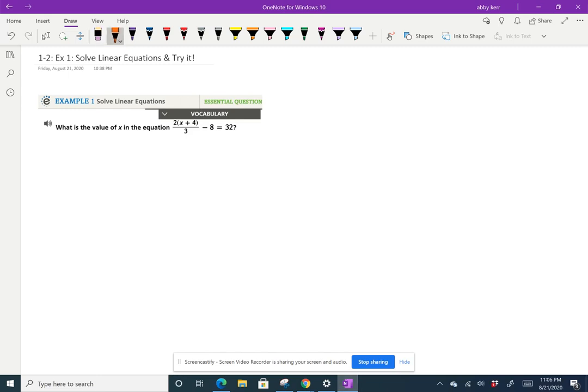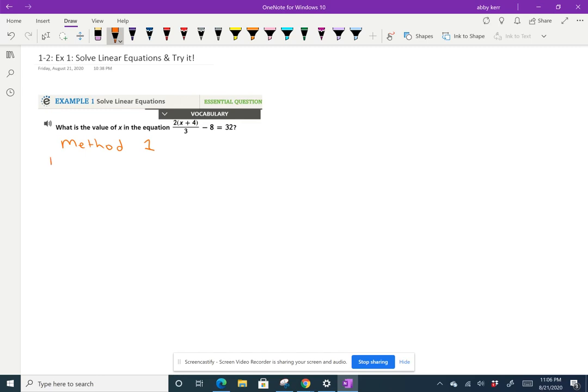Now you're going to realize that there are different ways or different methods to solve this problem. And that's really the case a lot in Algebra 1. So I'm going to teach you 2 different routes or 2 different methods to do this problem. So method 1 gets rid of the fraction right away.